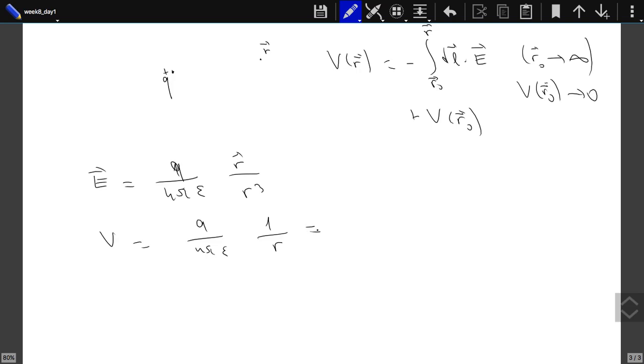Which, by the way, we can also write in this form. Q over 4 pi epsilon 0 times epsilon 0 over epsilon, times 1 over r. Now, the reason why I wrote it in this form is, one, this is the potential that we would have in the absence of the dielectric. So let us just call it V0.